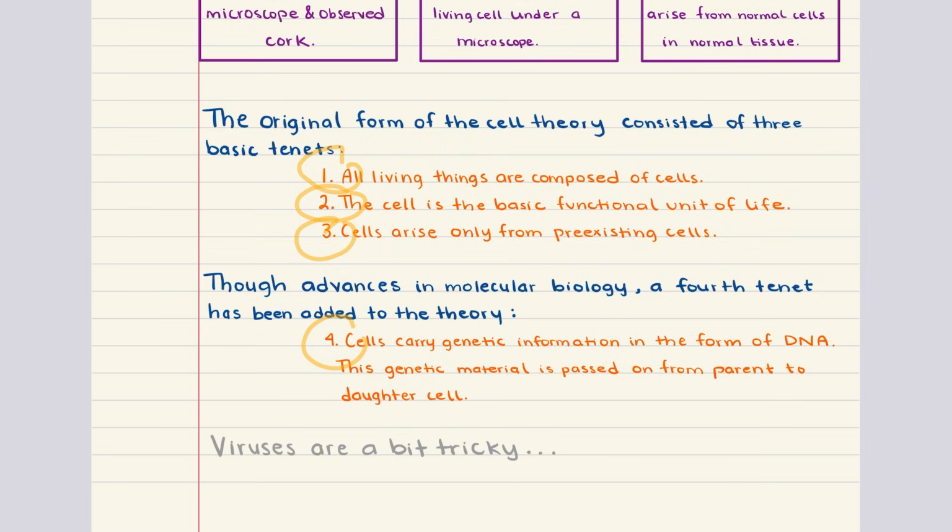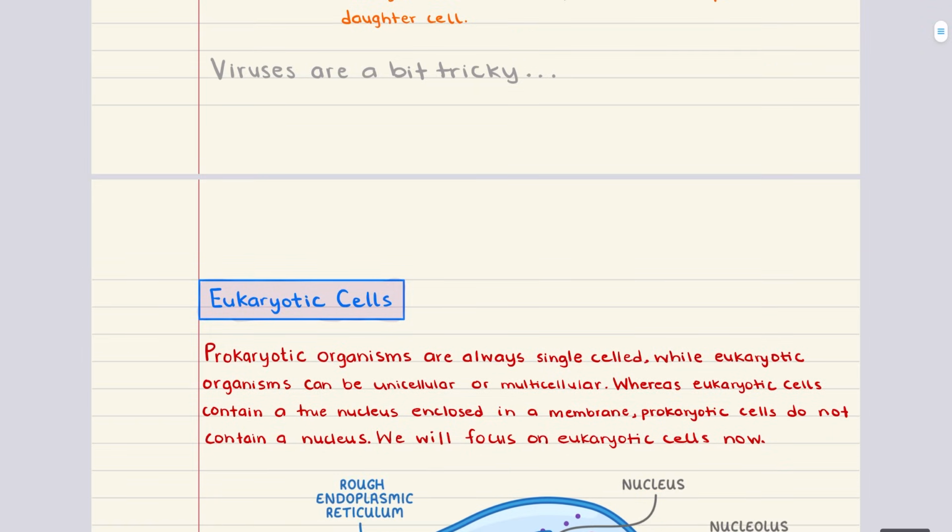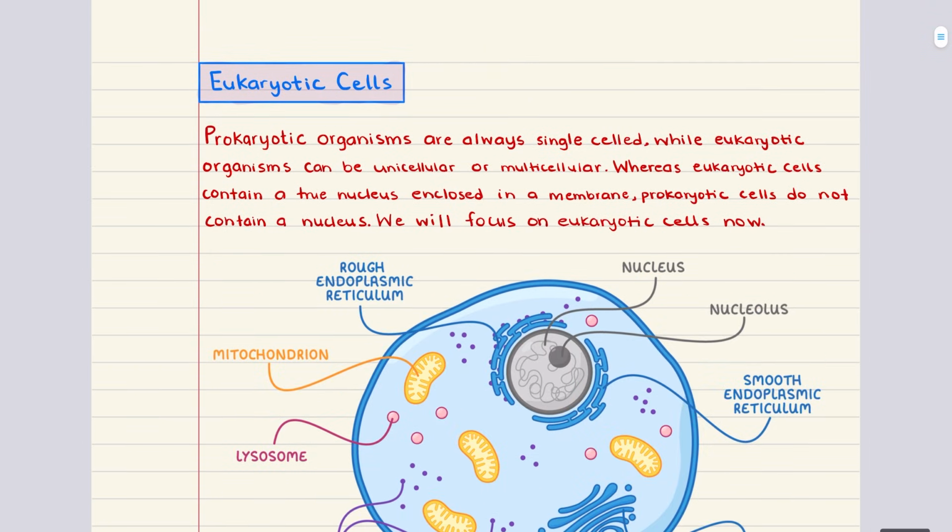Now that we've established the core ideas of cell theory, we're going to begin exploring the structure and function of cells in more detail. One of the first distinctions we make among living organisms is whether they're composed of prokaryotic or eukaryotic cells.